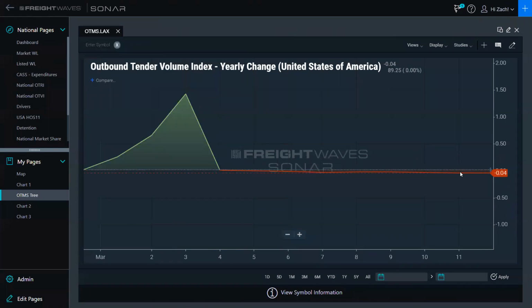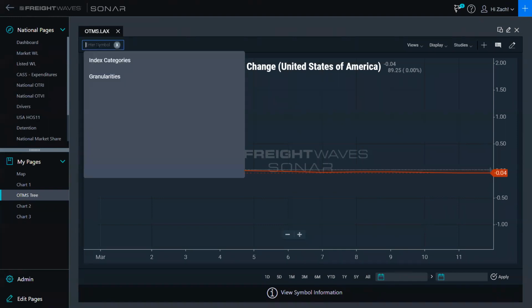Anything in the red right here is basically saying we are underneath where we were last year. Anything in the green, as we came out on fire out of the gate in March, says we were about 1.5% higher than this time last year. But right now we're sitting around probably 4% less than we were this time last year on the United States tender volume.